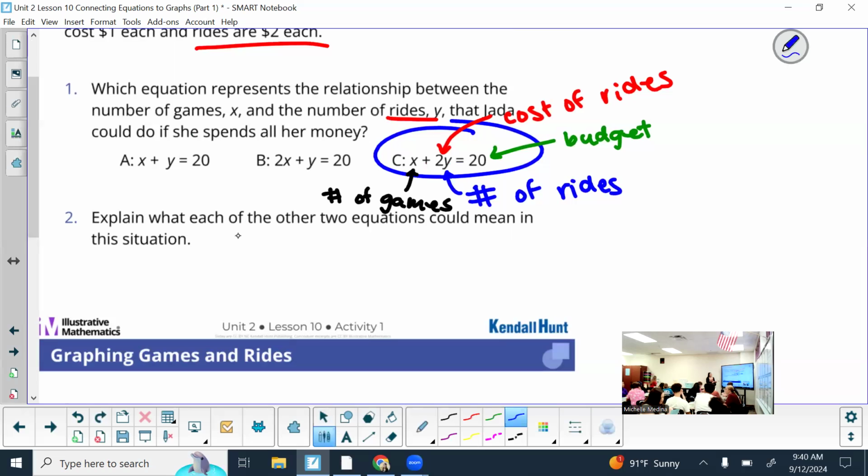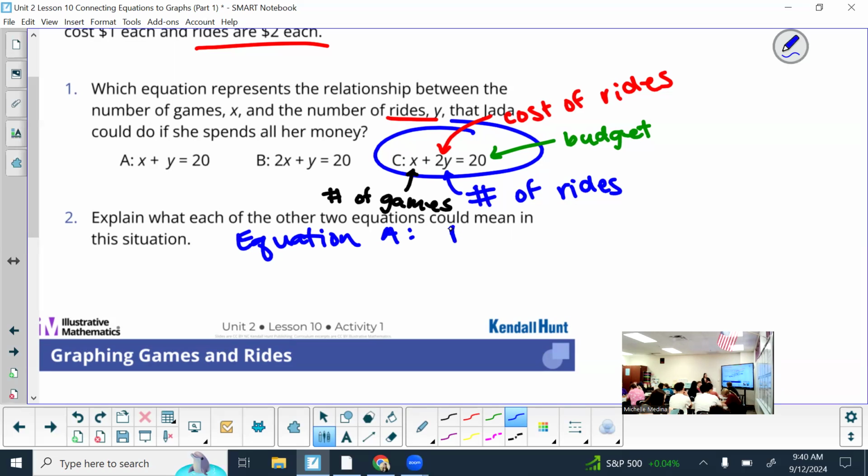Table 3, can you tell me what equation A says about the situation? Table 3, are we paying attention? What does equation A say about the situation? That both the games and rides cost $1 each.